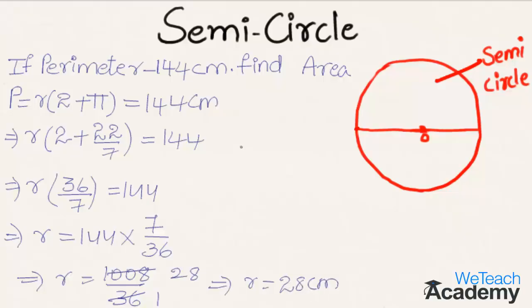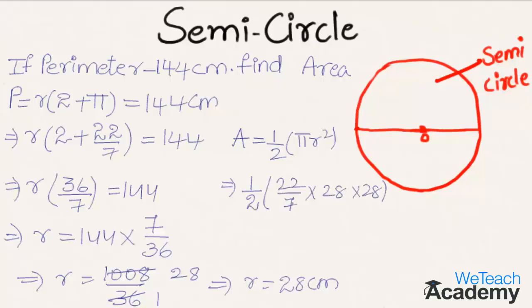In order to find the area, we already know the formula for the area of a semicircle, which is 1/2 into pi r square. By substituting the value of r, we get 1/2 into 22/7 into 28 into 28. By simplifying, 2 one time is 2 and 2 11 times is 22.